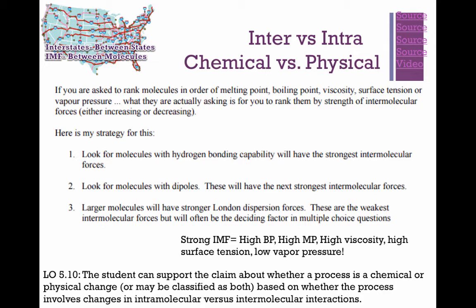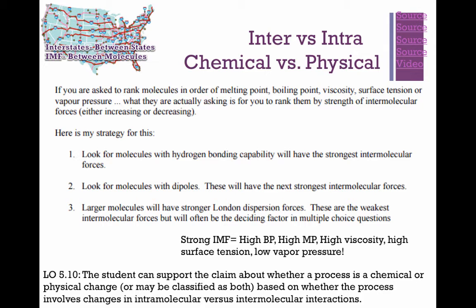So the larger molecule is going to have the stronger dispersion force. A tiny CH4 is going to have weak dispersion compared to something like C100H200.